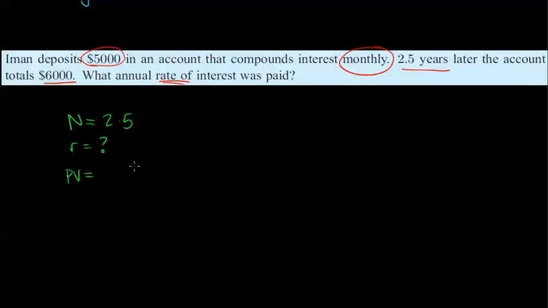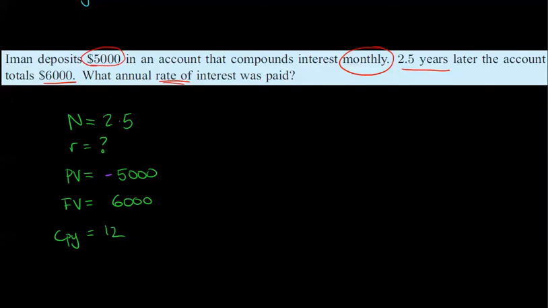Present value is 5,000. Remember, for the sake of the calculator only, you need to put minus in there. Future value is $6,000, and the compounding period is monthly, so 12.